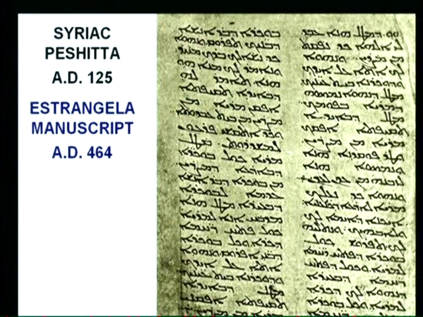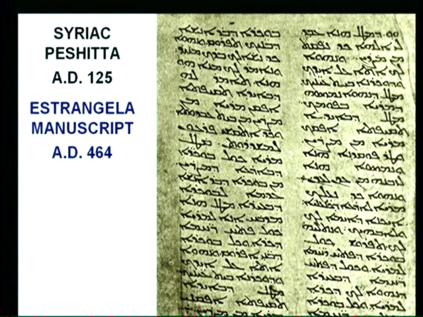The Estrangela is one of the most beautiful, one of the oldest, and one that is very popular in the older manuscripts. This manuscript dates back to 464 AD, which is very close to the time of the completion of the full translation.